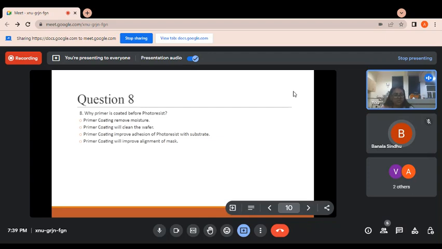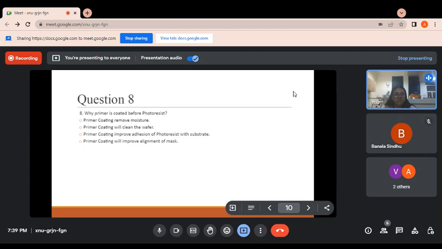And what about the alignment of the mask? Whenever we go for the photolithography process, and then for etching or some patterning process, we have to align where we have to pattern, in the same position where we want to do the UV exposure.